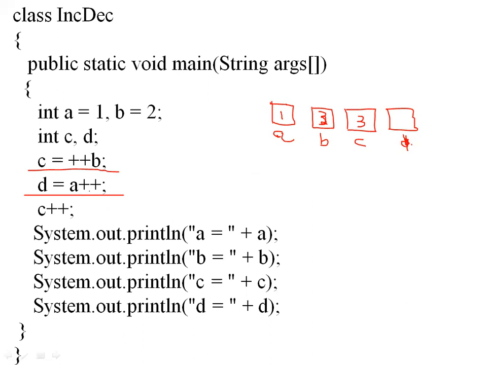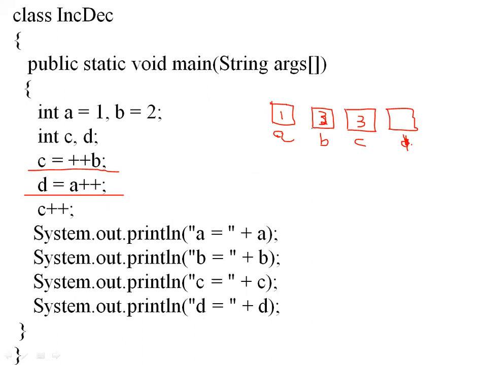No, no, no. Just see, you are not following the concept here. D is equal to A plus plus. You said first post increment, no? So first assign the A value to D. What is the A value when we assign? 1.